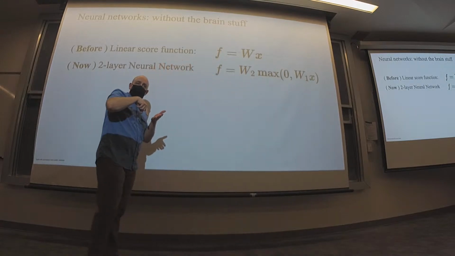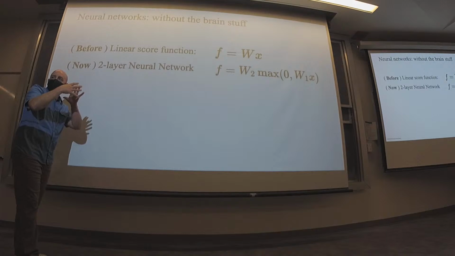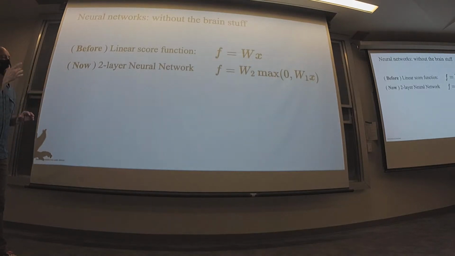Then we're doing a ReLU activation. That's what that max function is about. And then we're doing another linear transformation, where the parameters of that linear transformation are W2. Now we've got a couple of different layers for our neural network. So that's what a neural network looks like right there: W2 times max of 0 and the product of W1 and X.